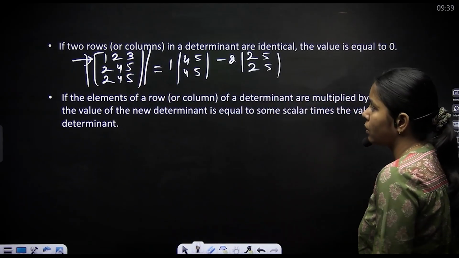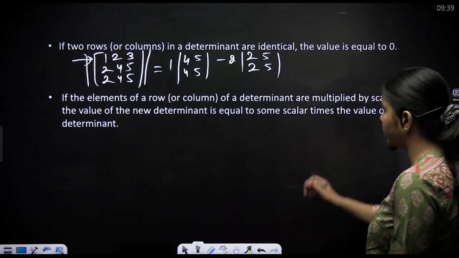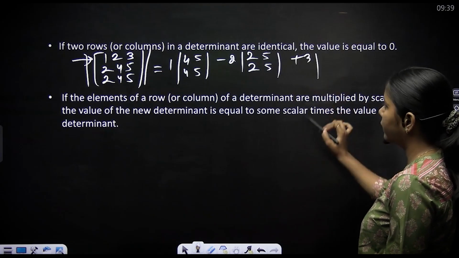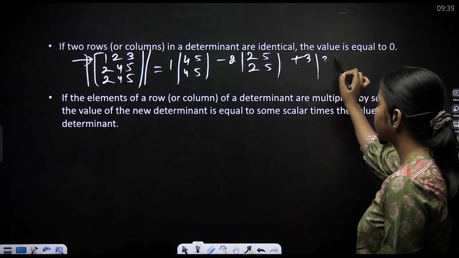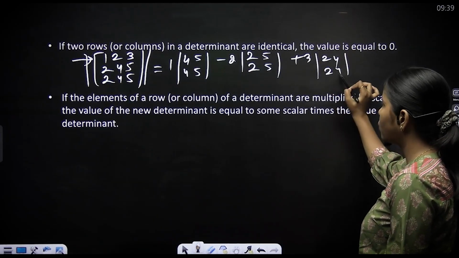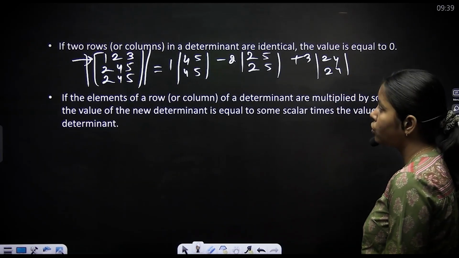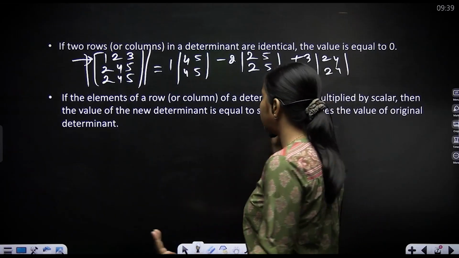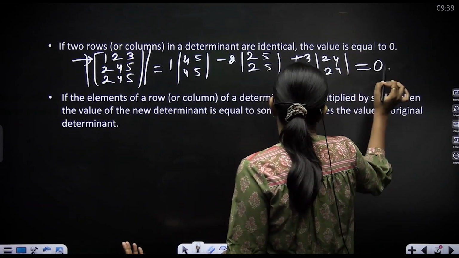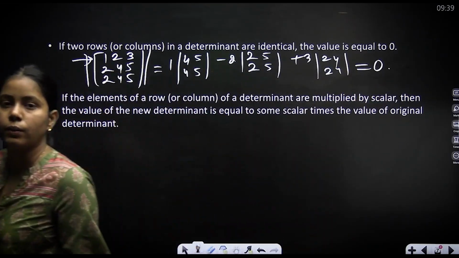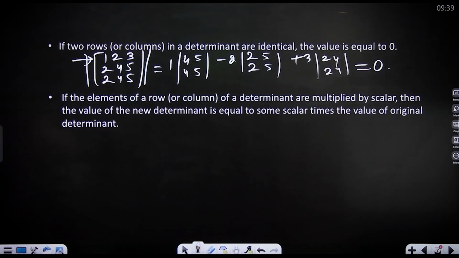Plus 3, and then 2, 4, 2, 4. So you can see that 4 twos are 8, 2 fours are 8, giving 0. So you would always get the determinant 0 if any two rows are equal or any two columns are equal, right?